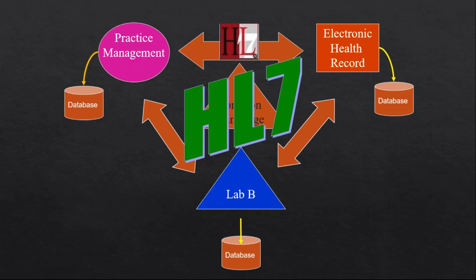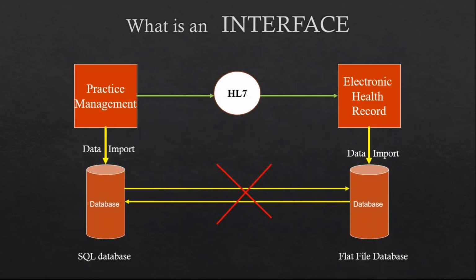The bridge is where data from PM to EHR is sent, and this communication happens through HL7. That bridge is referred to as an interface, which enables the data flow from one system to another system.